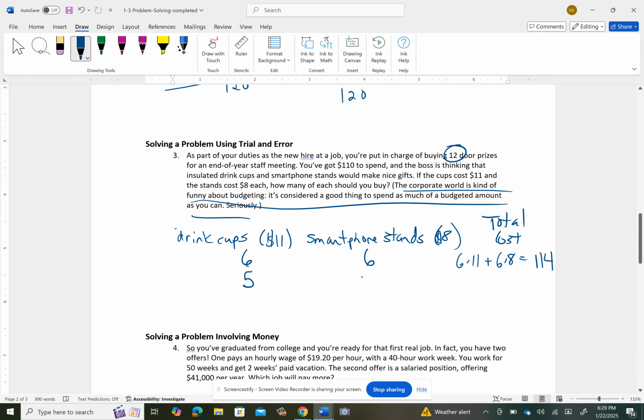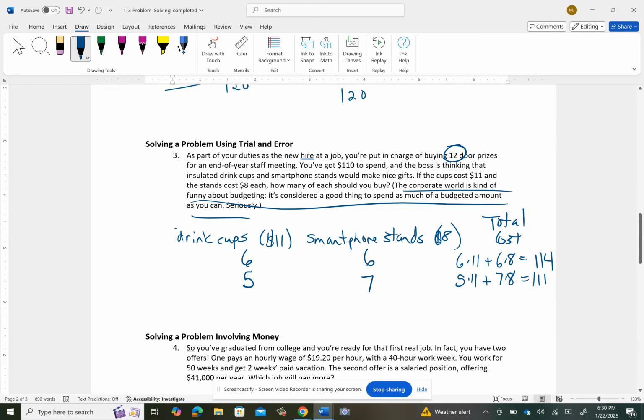I still need it to be 12 things, so 1 more stand. So that would be 5 times 11 plus 7 times 8. So that would be 55 plus 56. And that would get me to $111.